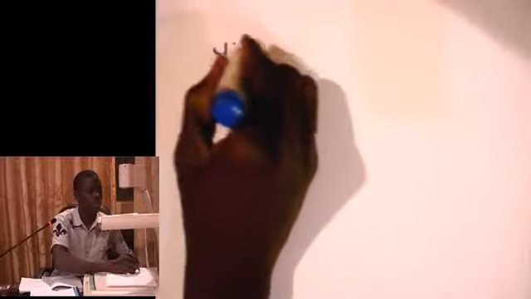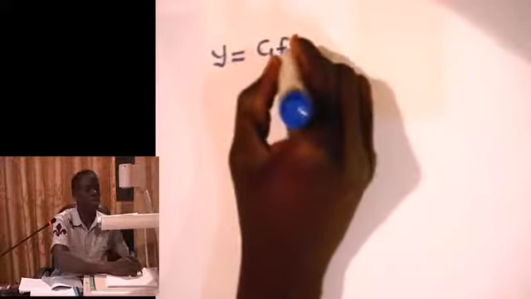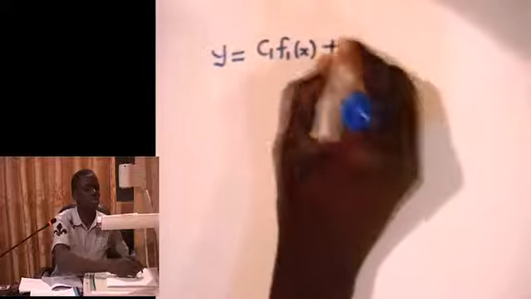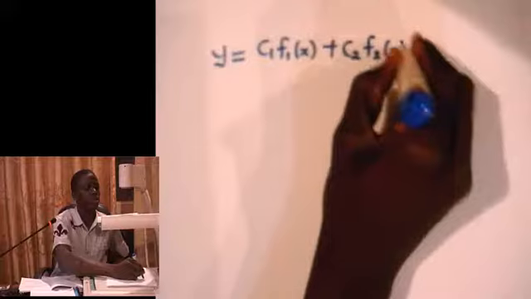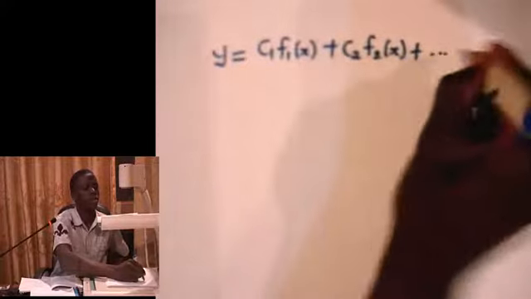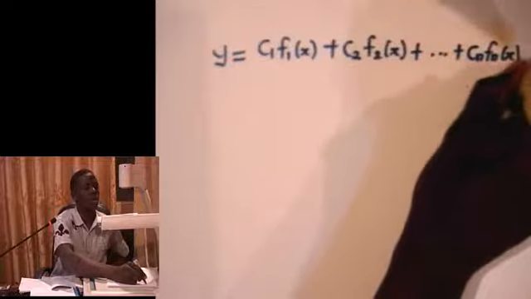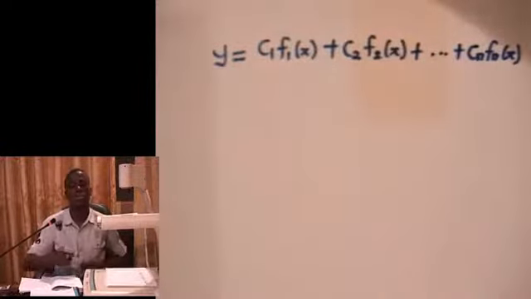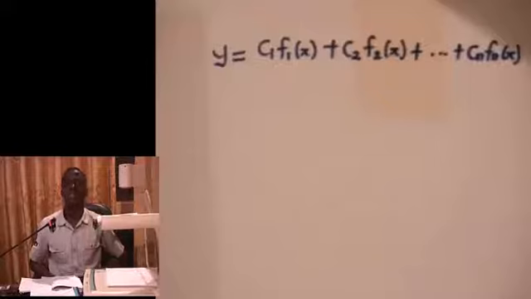If we have a function y equals c1 f1(x) plus c2 f2(x) plus ... cn fn(x) as a solution of a differential equation, you see this is a general solution because the arbitrary constants c1 to cn can take infinitely many values.